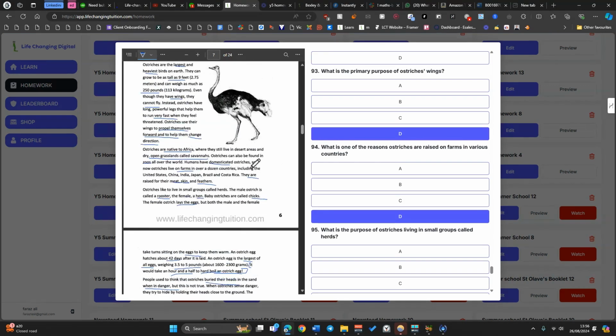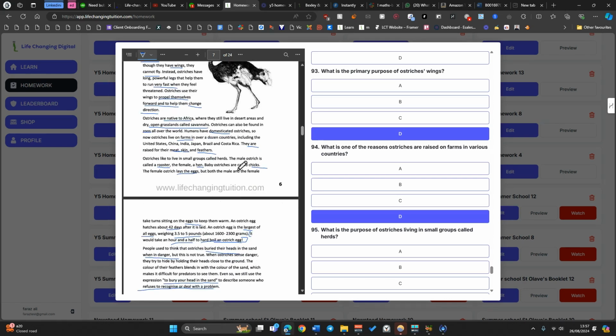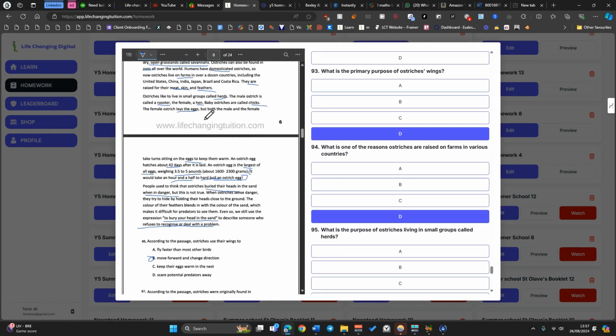I remember them explaining this. So it says here they like to live in small groups, and it also says that when they lay an egg, they take turns on sitting on the egg.